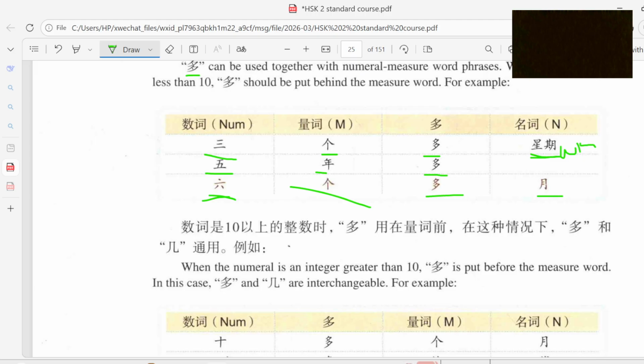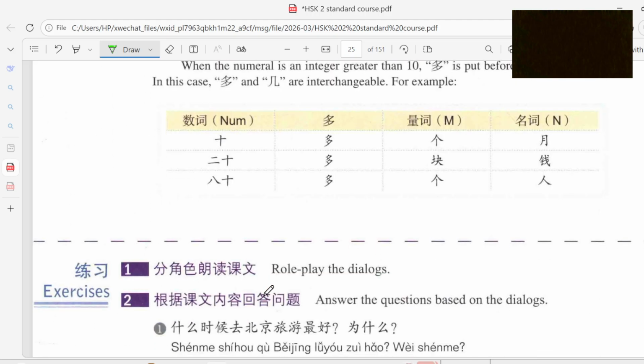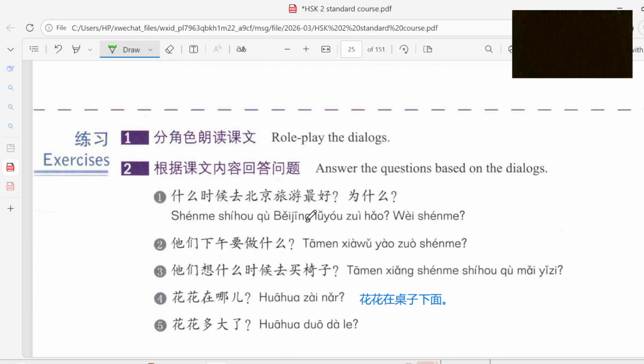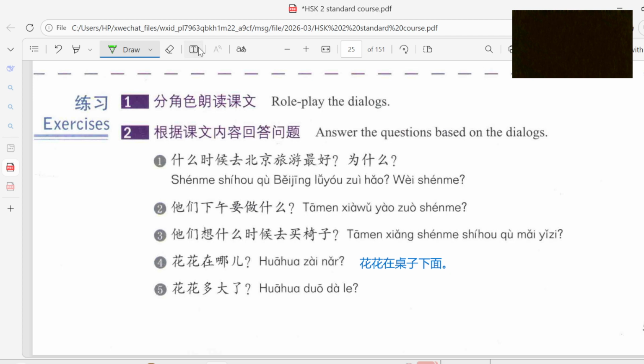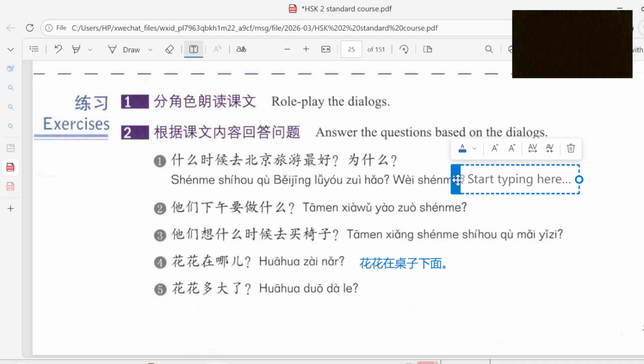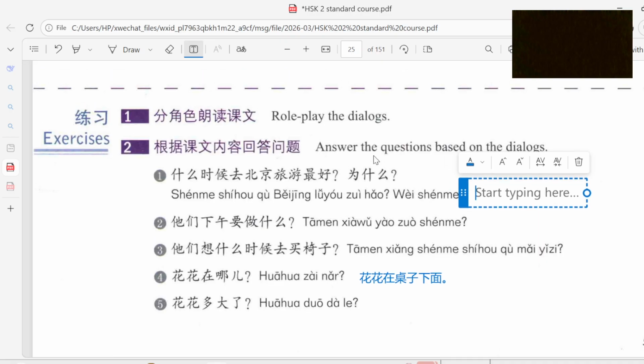Alright, so let's continue. So here we have a short role play, and I've given you this homework. Try work on it. I don't know if you did that. So let's try to do the correction. From number 1, it says 什么时候去北京旅游最好为什么. They're asking what's the best time to go to Beijing. We saw that which month? Do you remember?